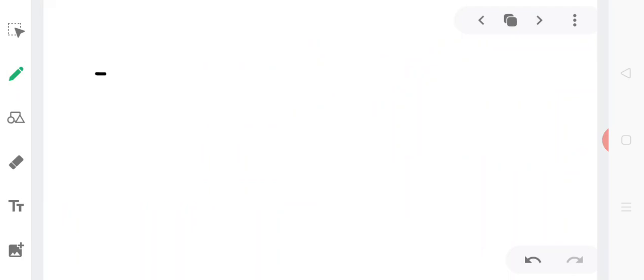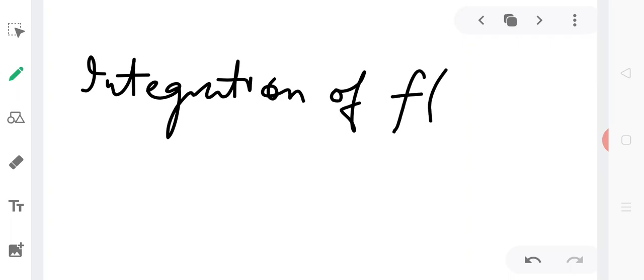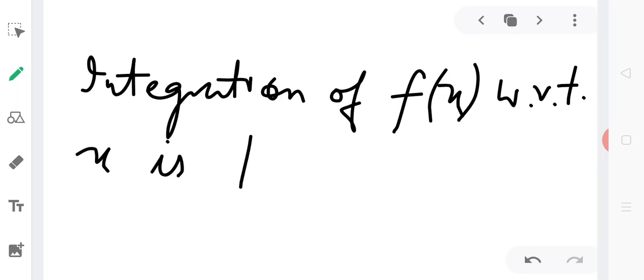Thus, integration of f(x) with respect to x is y. Here we should remember that the method of integration is used to sum up the effect of a continuously varying function.